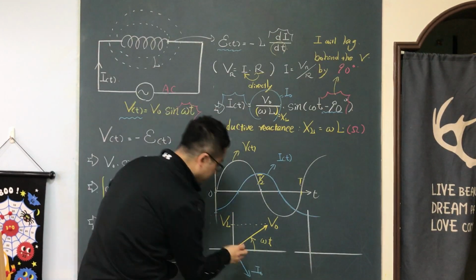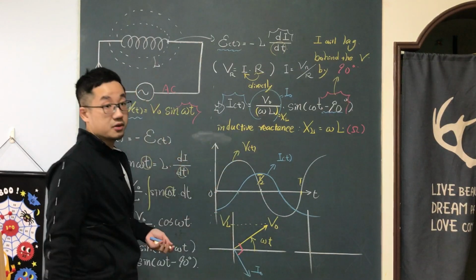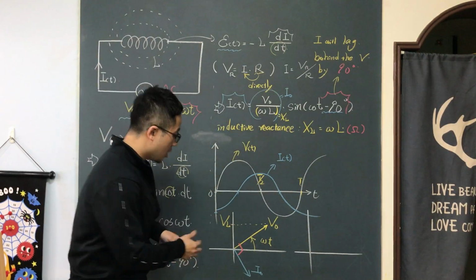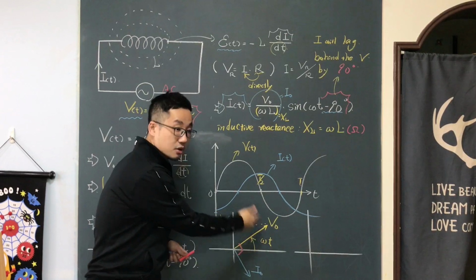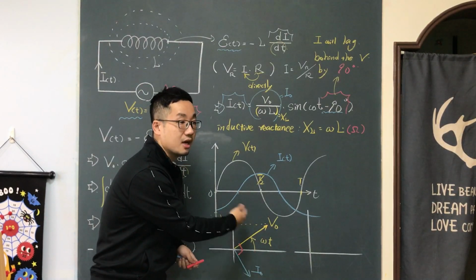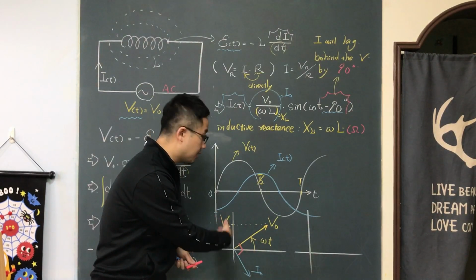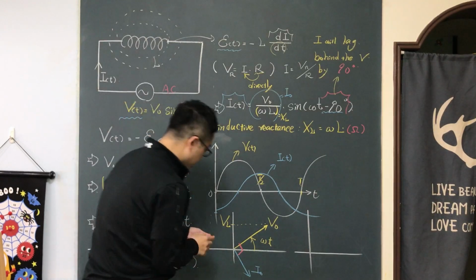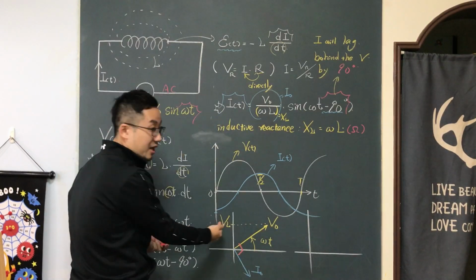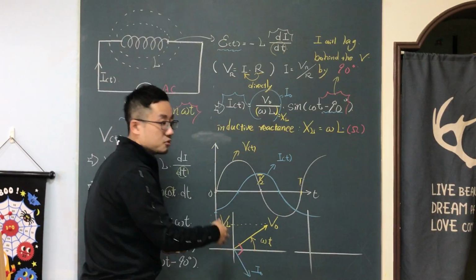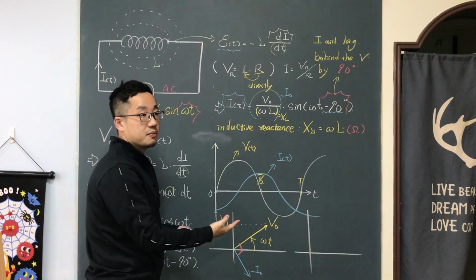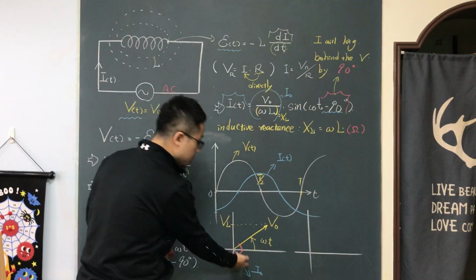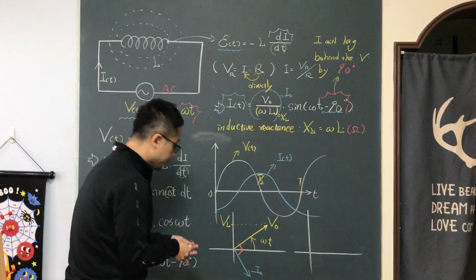It lags behind the voltage by 90 degrees, and it also rotates around the coordinates counterclockwise. So when the voltage reaches its maximum value, the current needs to wait a quarter of a period of time before it reaches its own maximum value.